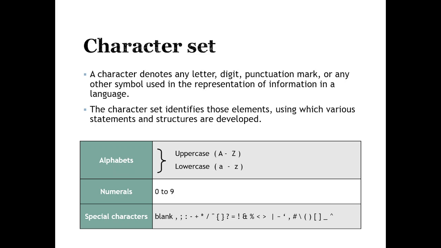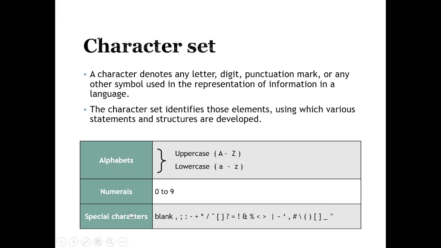So which are the character sets of C? When we talk about C, there are primarily three different sets of characters. The first one is alphabets, which is obviously the uppercase letters A to Z and the lowercase letters a to z. Then we have numerals from 0 to 9, and then you can use special characters. For example, I can use blank, comma, semicolon, colon, plus, minus, division and so on.